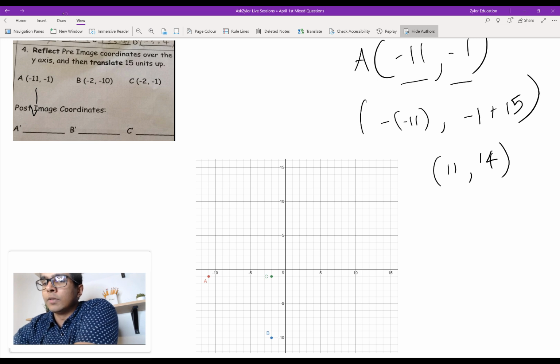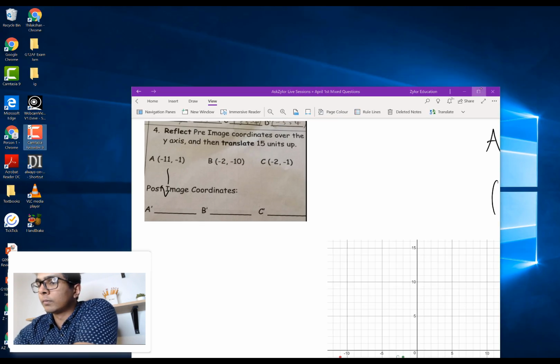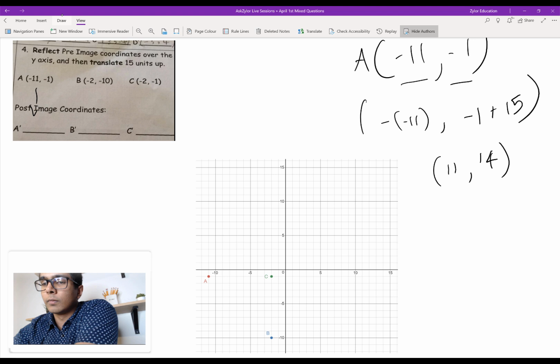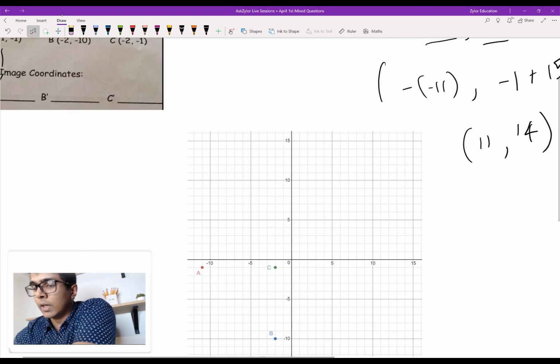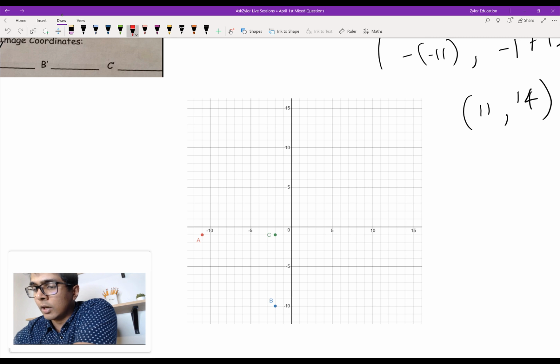So if I were to do this visually, this is my A value, so I'm reflecting it on my y-axis, so this is my y-axis.